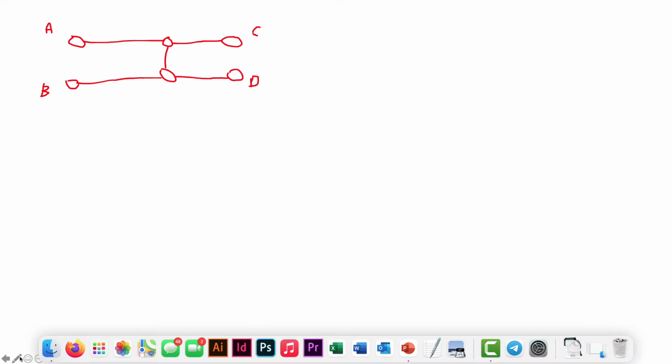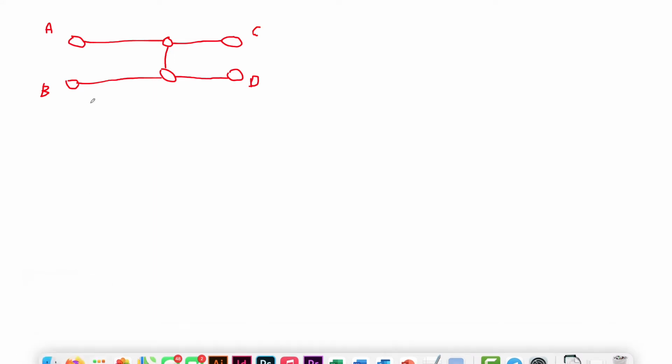So we've got these devices. We've got people on these devices, person A, person B, person C, and person D. In the beginning, we had something called circuit switched networks. So let's go ahead and write that.